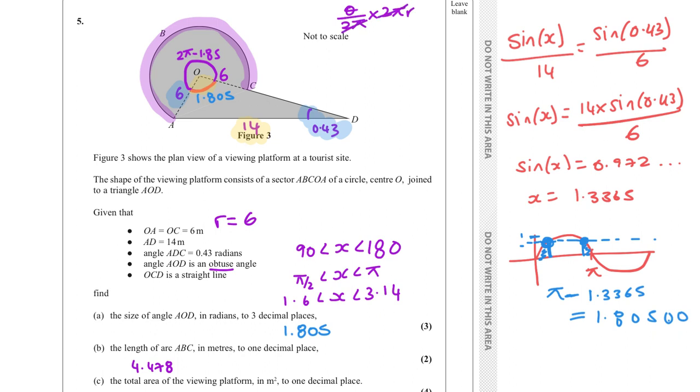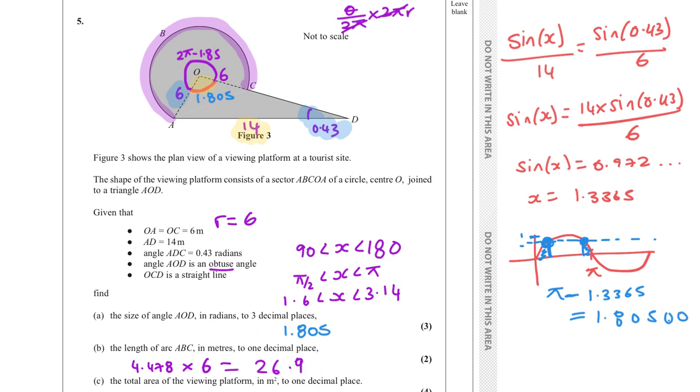So it's just this times 6 then. It's just the angle times the radius. So what do you get? 26.868. Yeah. Perfect. 26.9 to 1 decimal place.